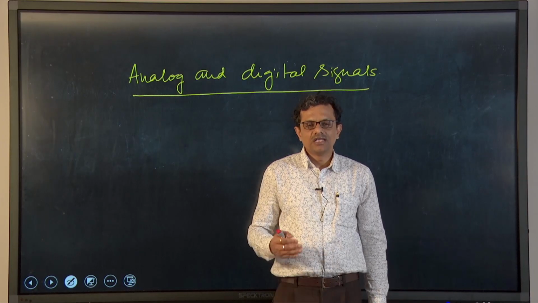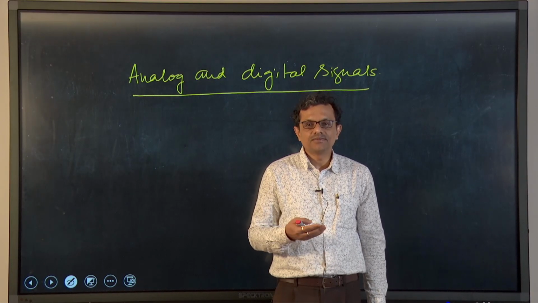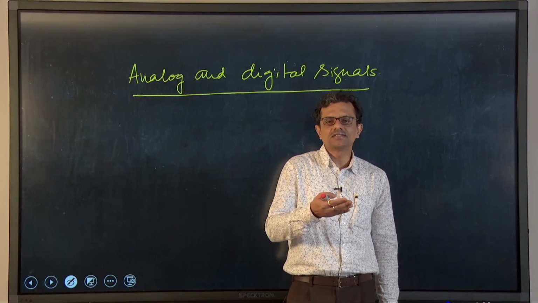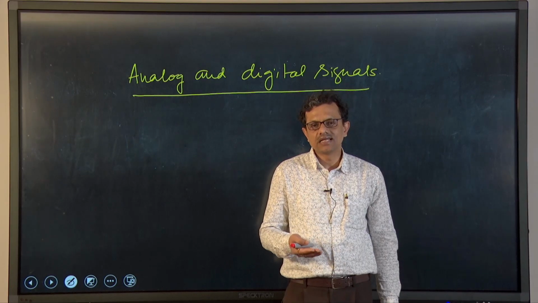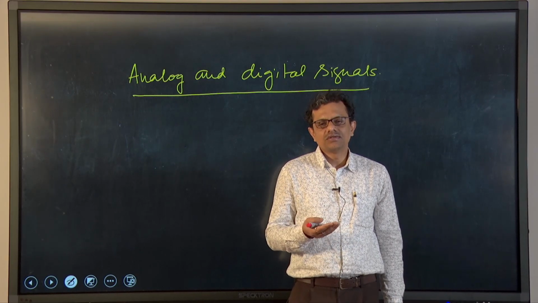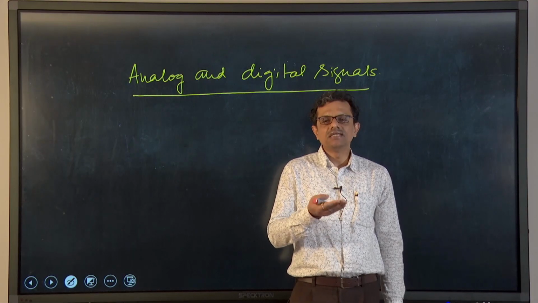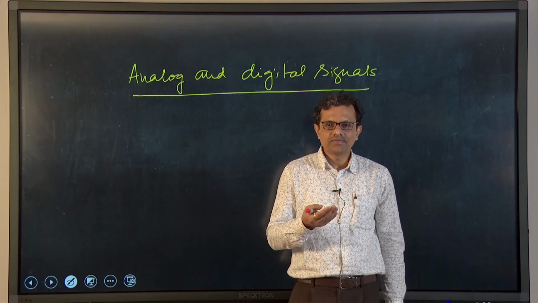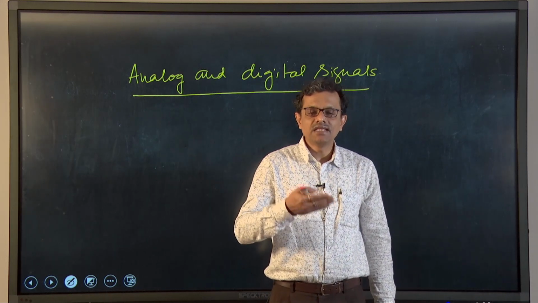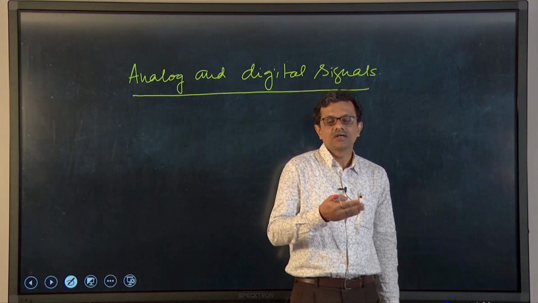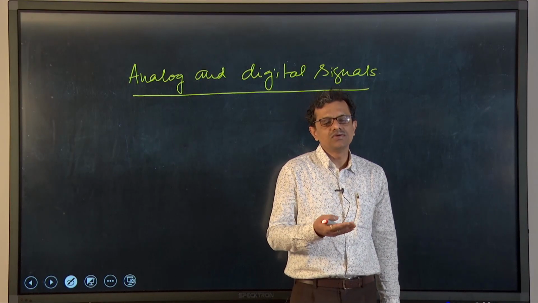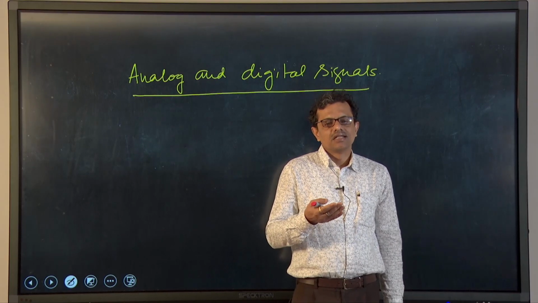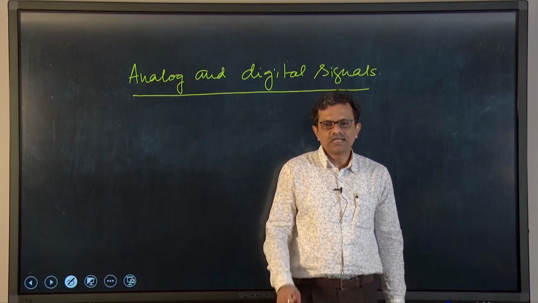Now, the input quantity may vary with time, and since sensors produce a proportional electrical signal, it is likely that if the physical quantity changes with time, the electrical signal also will vary in time. It can be a continuous variation or a discontinuous variation. So, what type of signal is it? Let us now discuss this part.